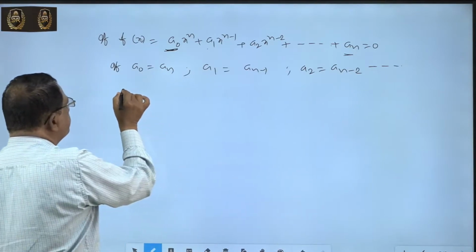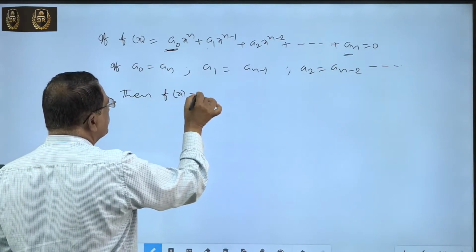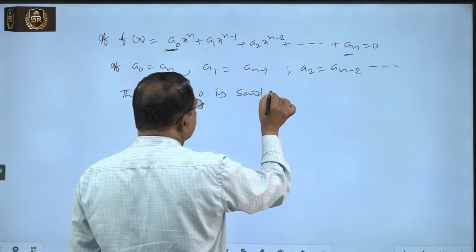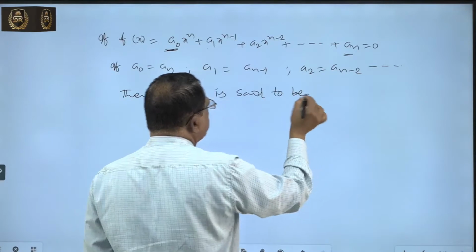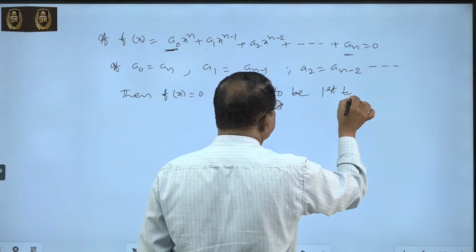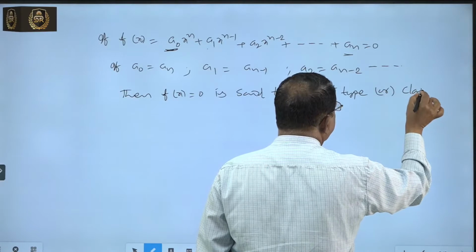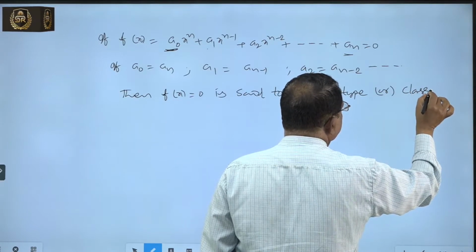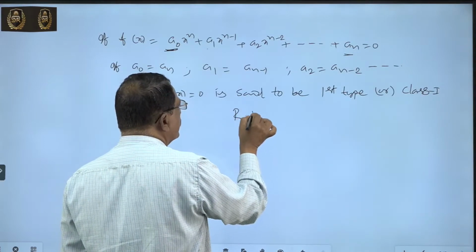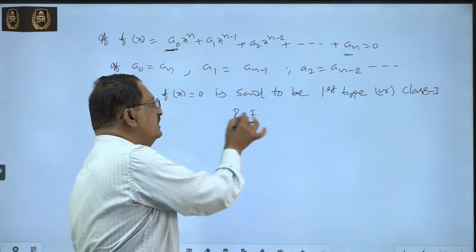Then f of x equals 0 is said to be a first type or class 1 reciprocal equation. Reciprocal equation is always denoted by RE.